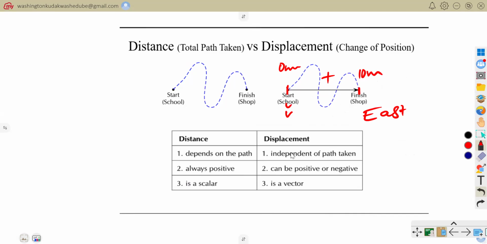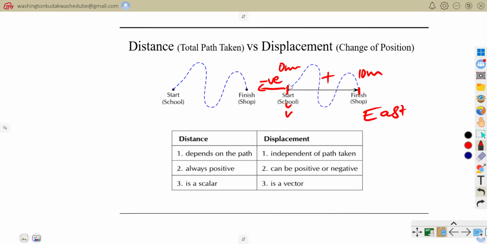So we can actually have a positive displacement and a negative displacement. For example, if going to the left, I choose it to be negative, it simply means that if I get to 10 from the shops and go back to school, I'm now moving in a negative direction.